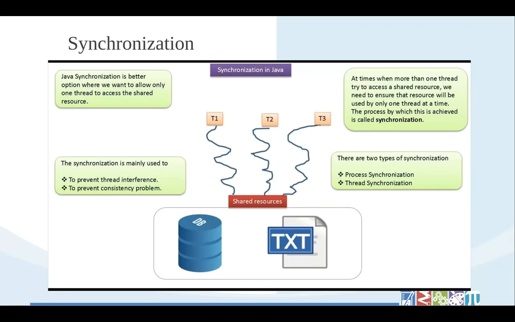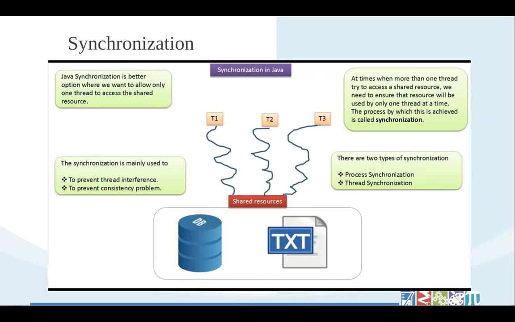But threads are something which we cannot control, and there are chances that consistency problems happen. The program is not maintained. In those cases, there are chances that one thread works in between the other. So we use synchronization.